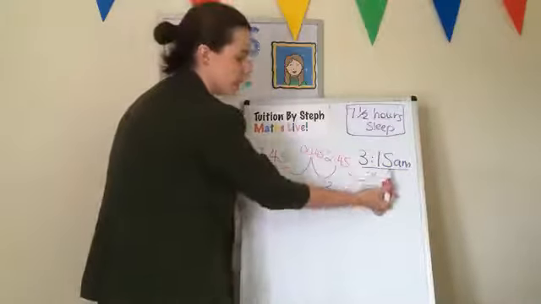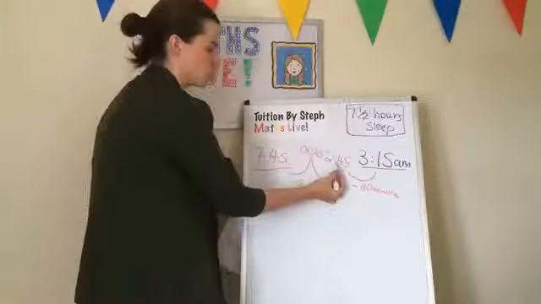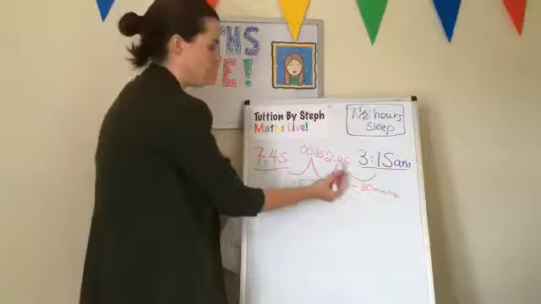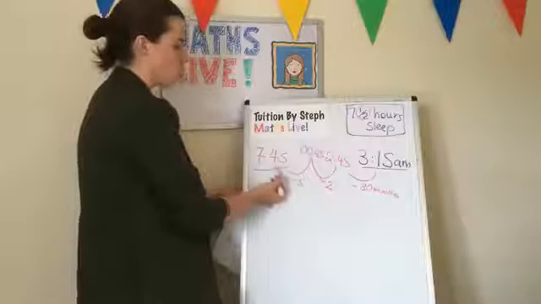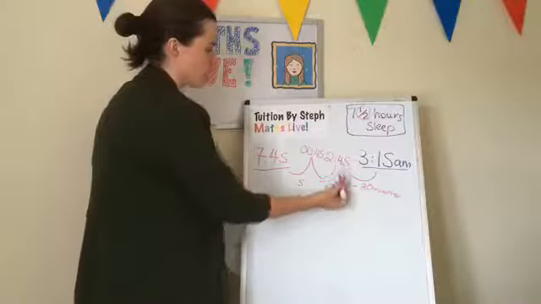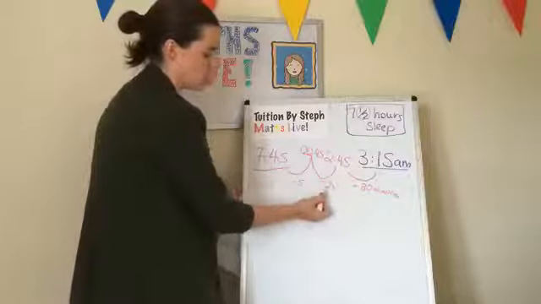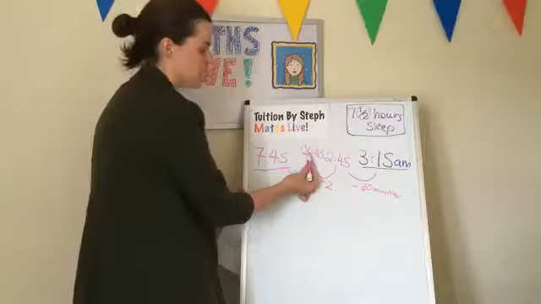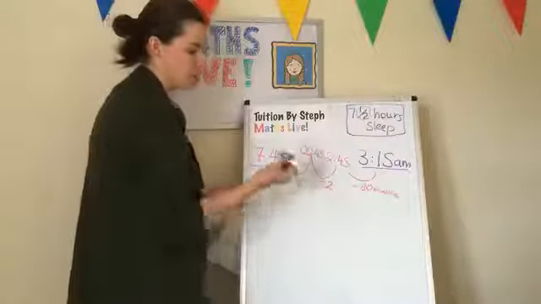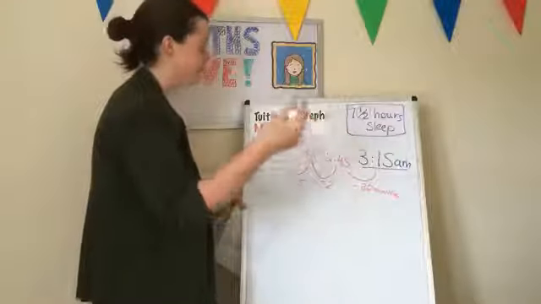So 3:15, I did my half an hour, and that took me to 2:45. But rather than jumping all the way, because it's quite hard to go over 12 o'clock, what I did is I made it 12 o'clock, it was 0, by subtracting 2 hours, and then I subtracted another 5 hours, so again it's 12, 11, 10, 9, 8, 7.